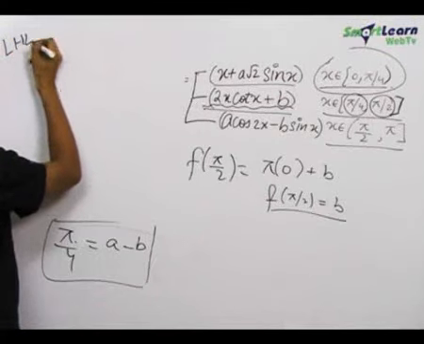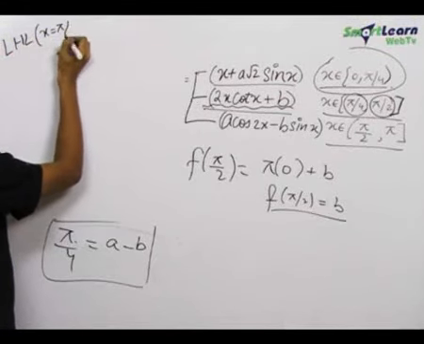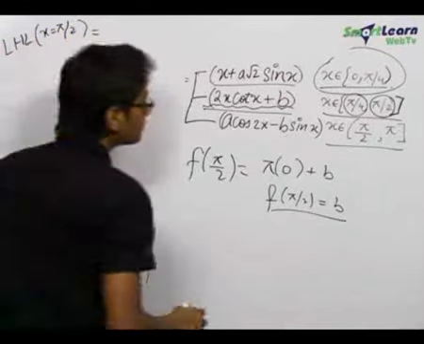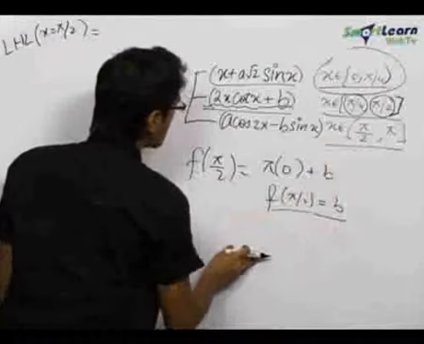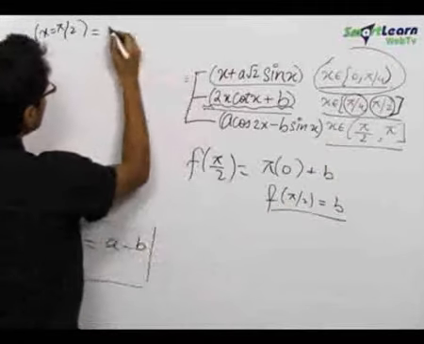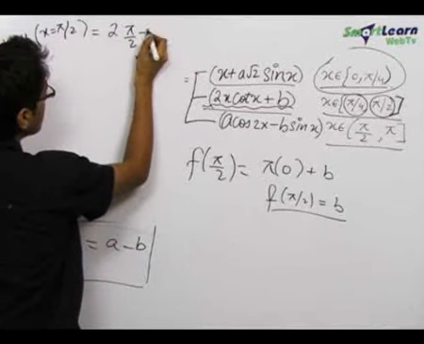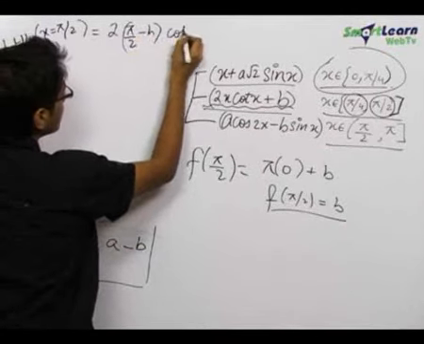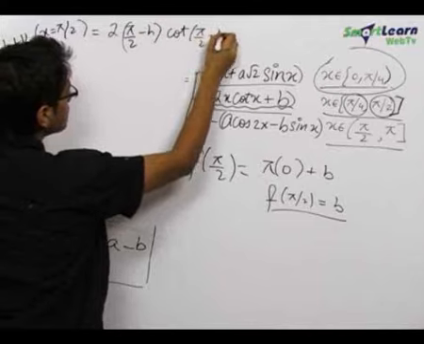Now the left hand limit at x equals pi by 2 is equal to limit h tending to 0 of 2 into pi by 2 minus h, cot of pi by 2 minus h, plus b.